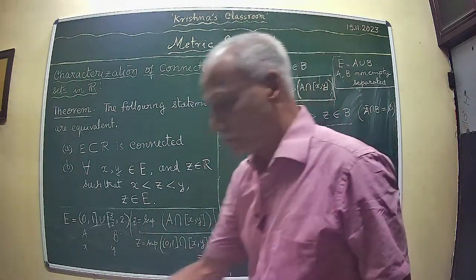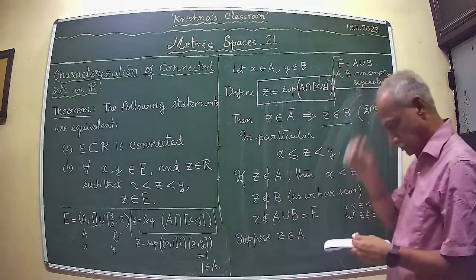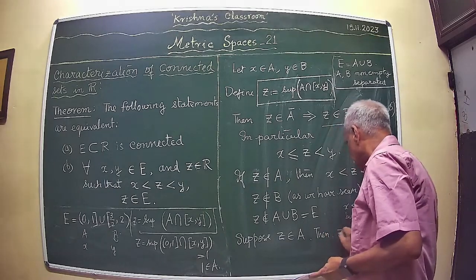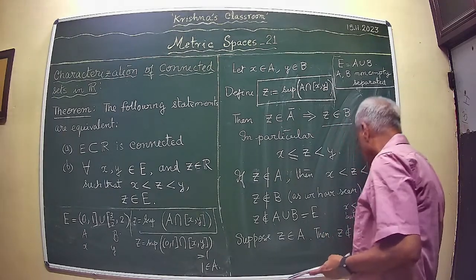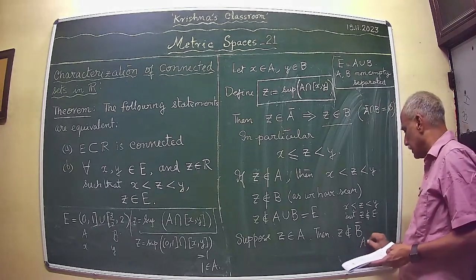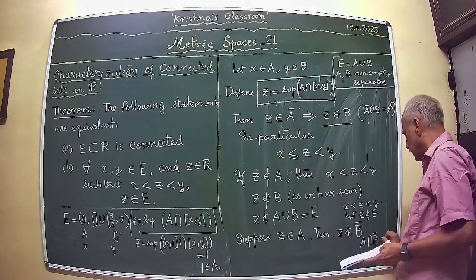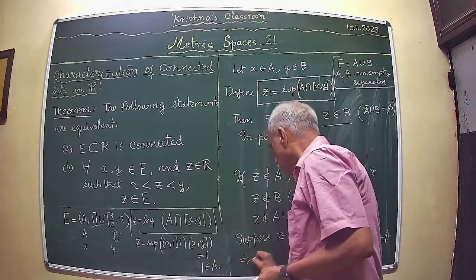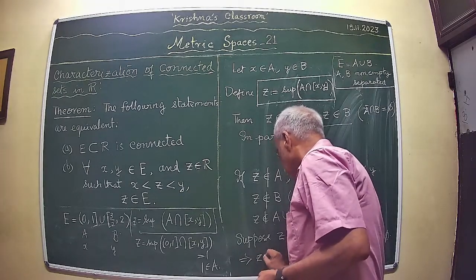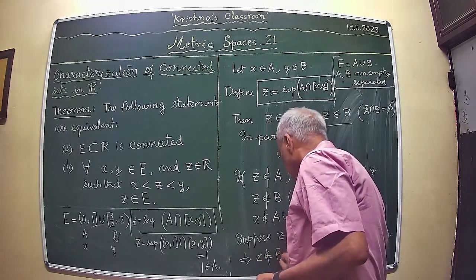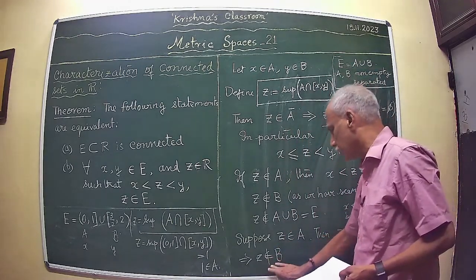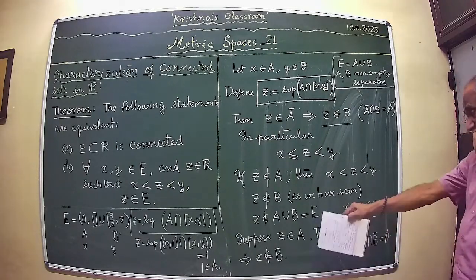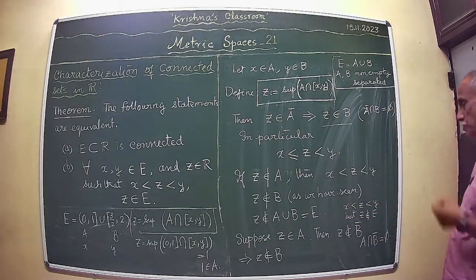So suppose Z belongs to A. Then Z does not belong to B closure, because you see that A intersection B closure is empty, that means Z does not belong to B. So let us save this result. Okay, now what you have is Z belongs to A, right?